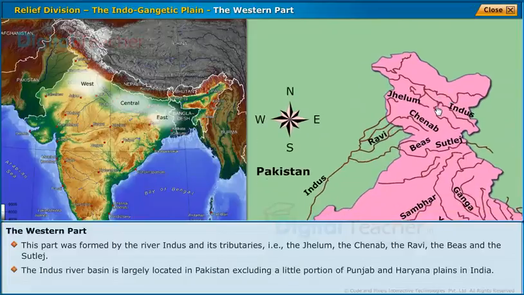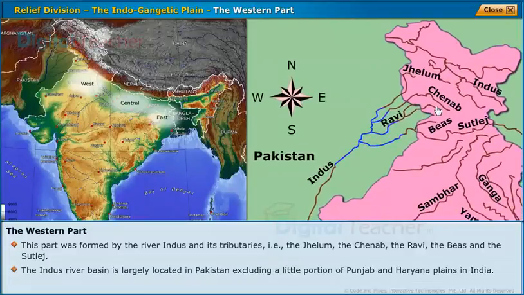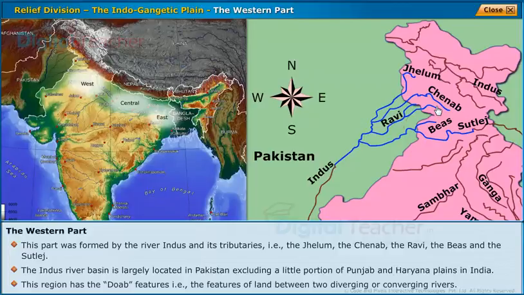The Indus River basin is largely located in Pakistan, excluding a little portion of Punjab and Haryana plains in India. This region has the doab features, that is, the features of land between two diverging or converging rivers.